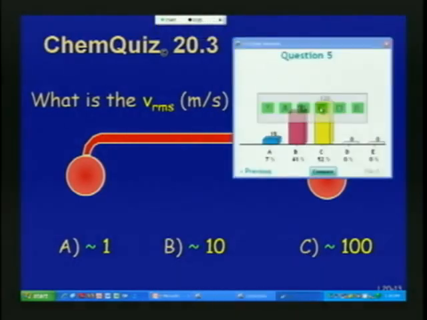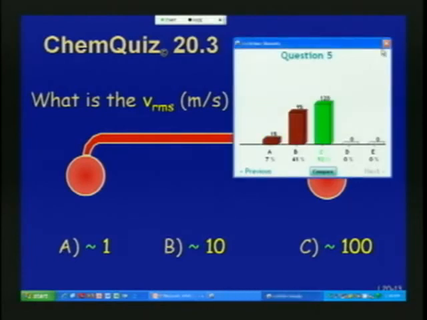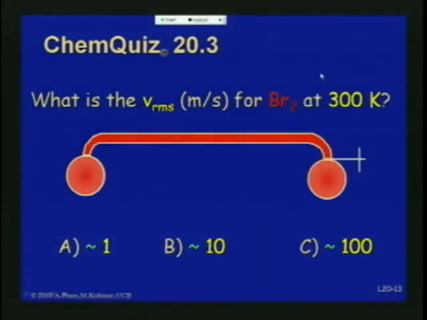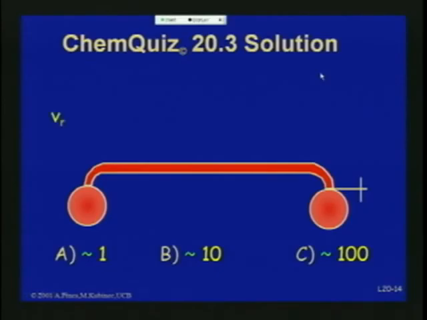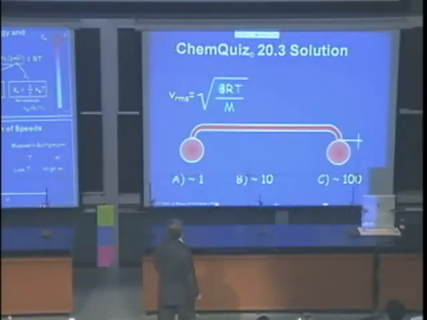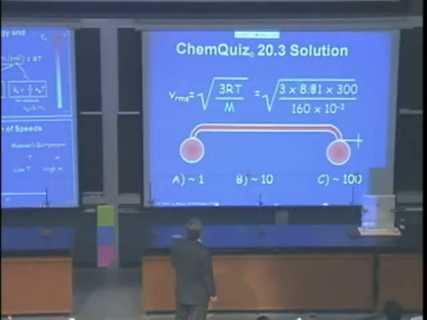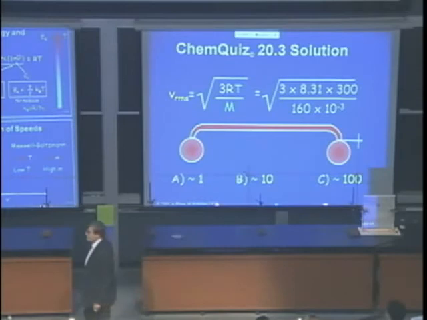Yeah, C is right. Actually, it's over 200, and I'm going to show you why. So this was our equation, and with this we have 3 times 8 times 300 divided by 160, but we have grams, now we have to have kilograms, times 10 to the minus 3.